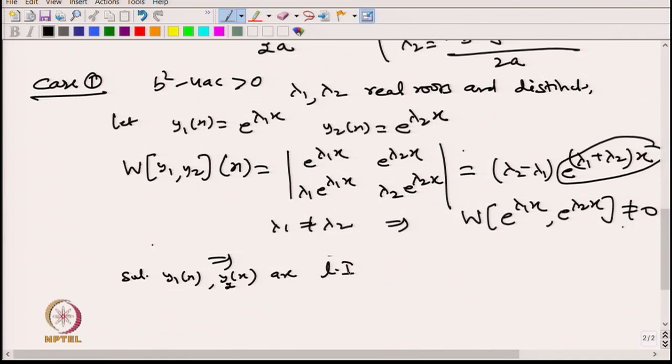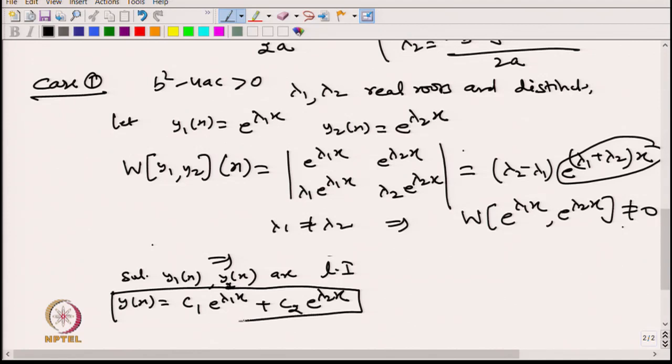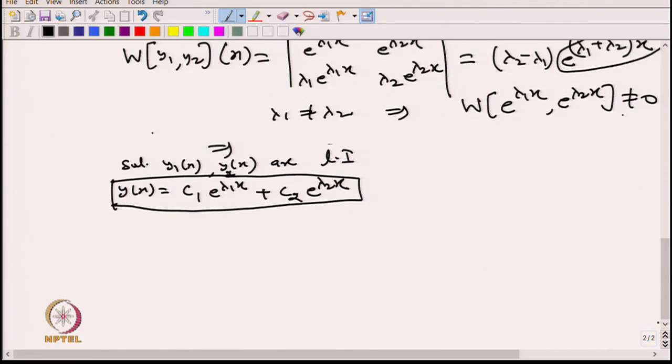If they are linearly independent, I can define the general solution of equation number 1, and that will be y(x) equal to some constant C1 e raised to power lambda 1 x plus C2 e raised to power lambda 2 x. That is my general solution of equation number 1. So, this is case 1, and let us take one example.